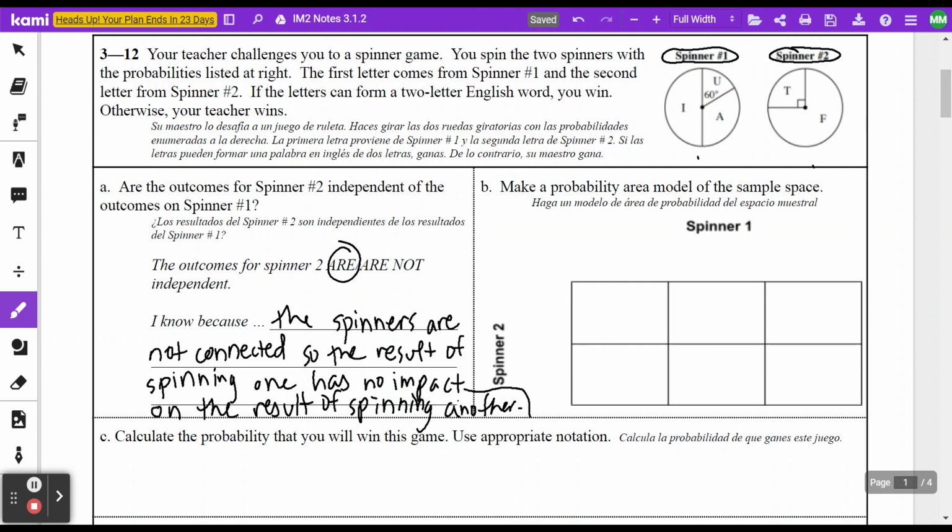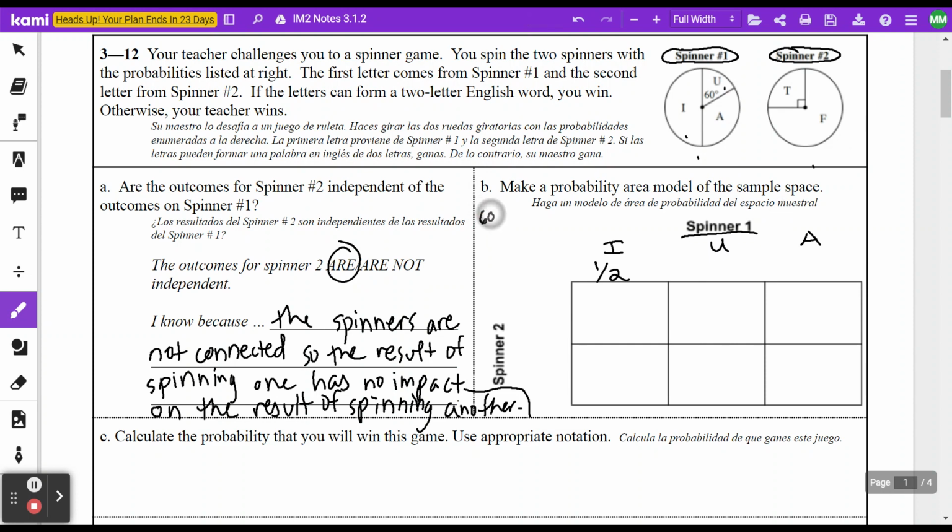Part B, make a probability area model of the sample space. So this is what we did last class. For spinner 1, I have 3 possible outcomes. I could spin the letter I, U, or A. And the probabilities of each are, well, I is 1/2. U is 60 degrees over 360.